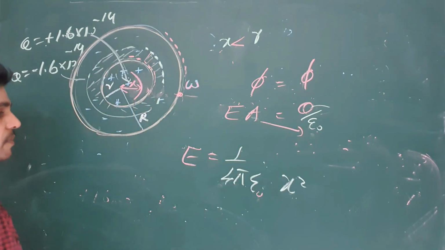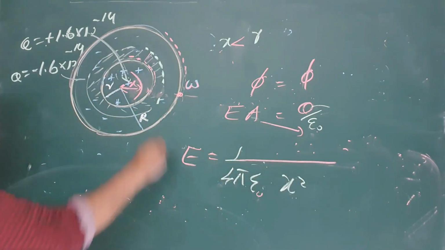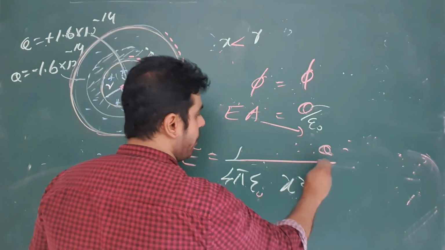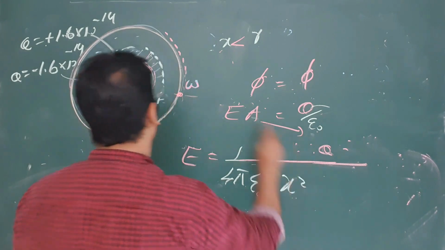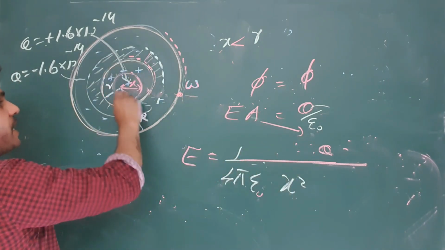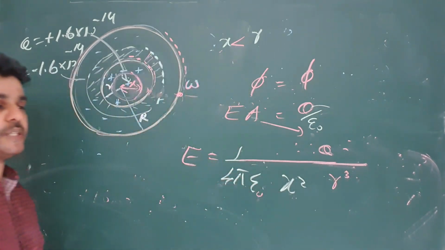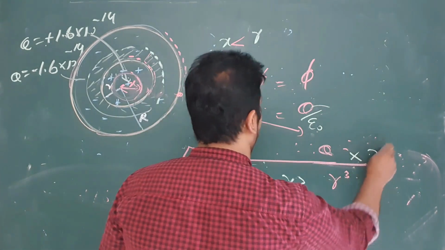Now again we have to find the necessary charge inside the Gauss surface. I told you to divide the whole charge by the volume. Inside the Gauss surface, it remains positive charge only, which should be divided by r cube for the charge per unit volume, and multiplied by x cube.